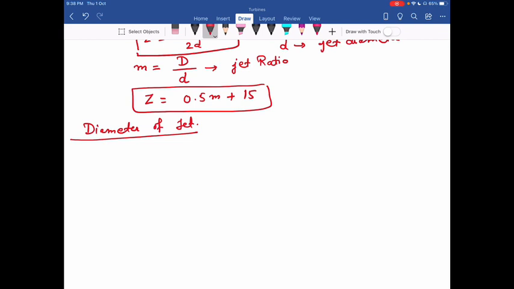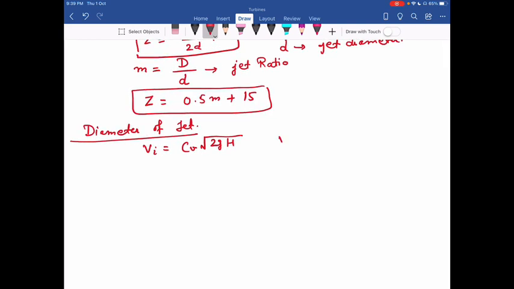Okay, so we know that velocity of jet that is coming out from the nozzle is given by Vi equals Cv under root of 2gh. Vi is the velocity of jet, or you can say this is the inlet velocity to bucket.